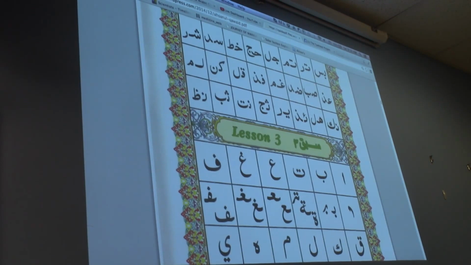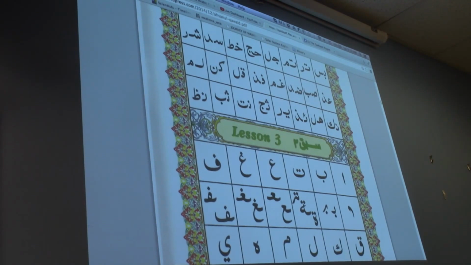Now we have the letters Kha and Ta. When you combine them, it becomes Khata. Okay?